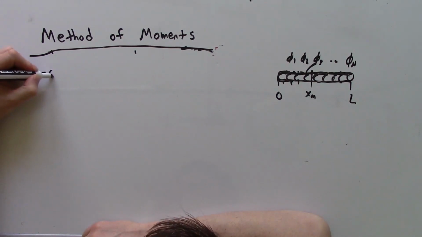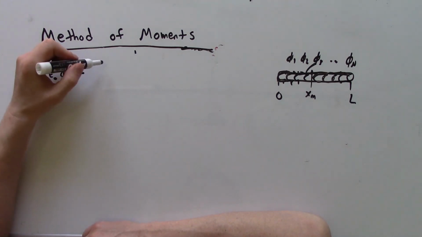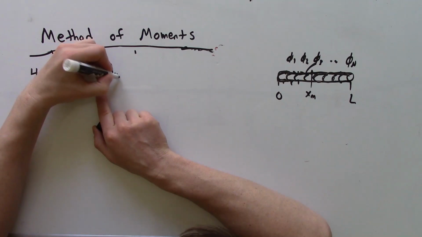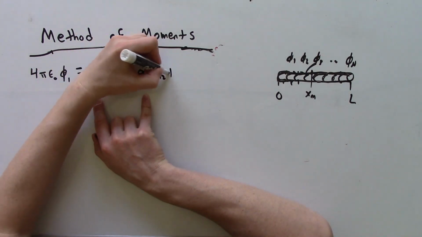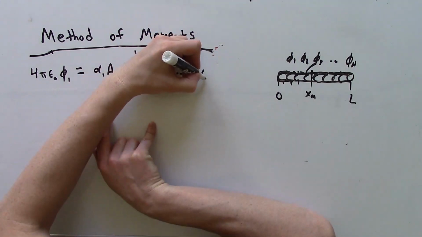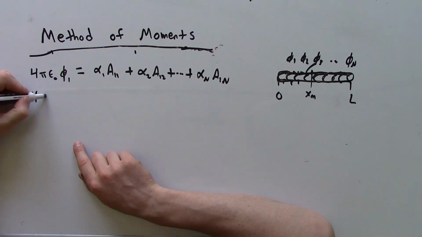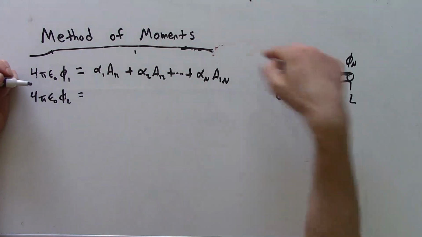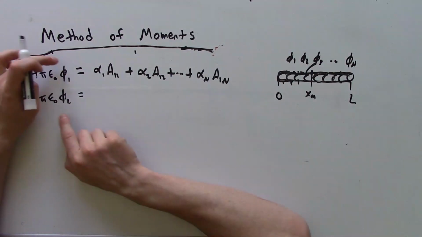4 pi epsilon naught phi 1 is equal to, we're going to write this as alpha 1 a11 plus alpha 2 a12 plus ... alpha n a1n. And then I could take another sample in my scalar potential, phi 2. So remember, we know these are all going to be the same value, but hypothetically, we don't necessarily know that just yet.